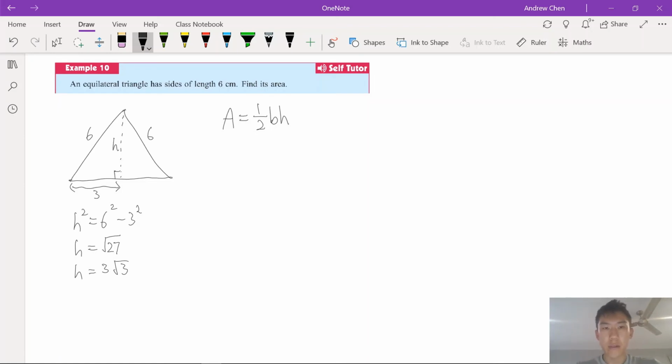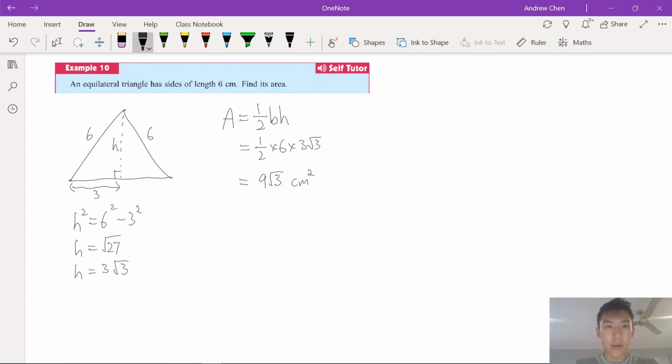Let's use exact values until the end. Now that we know the height, area equals half times the base of the whole triangle, which is 6, because we're interested in the whole triangle, times the height, 3 root 3. Half times 6 is 3, and 3 times 3 root 3 is 9 root 3 centimeters squared.